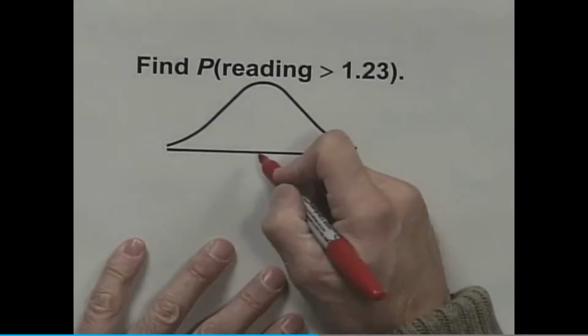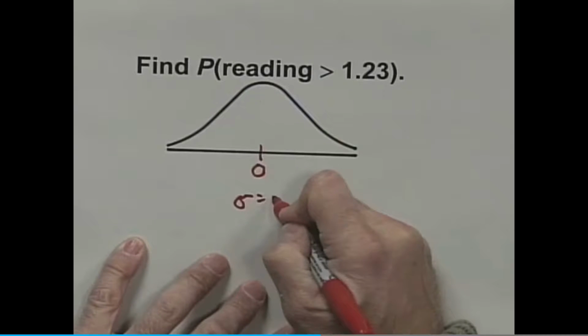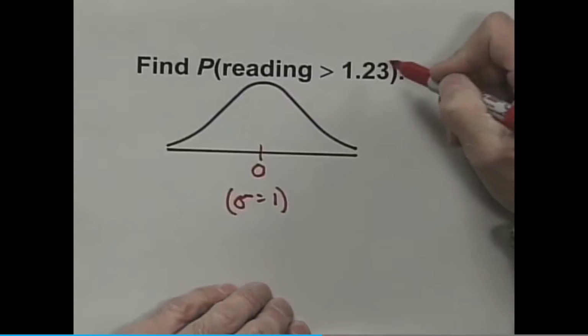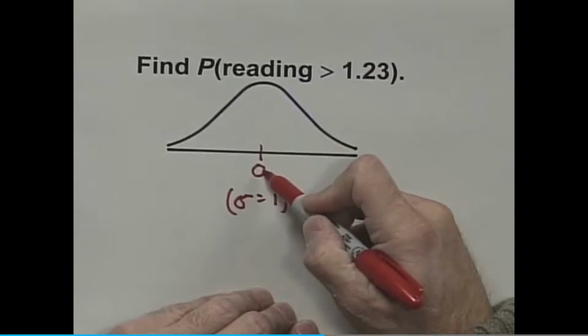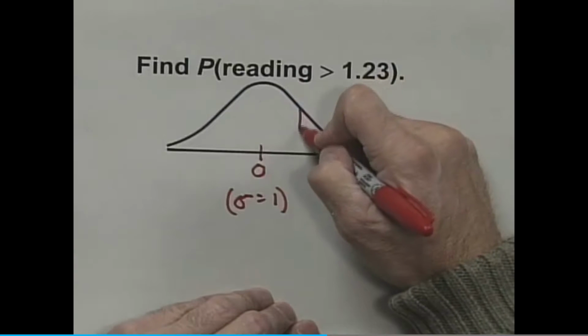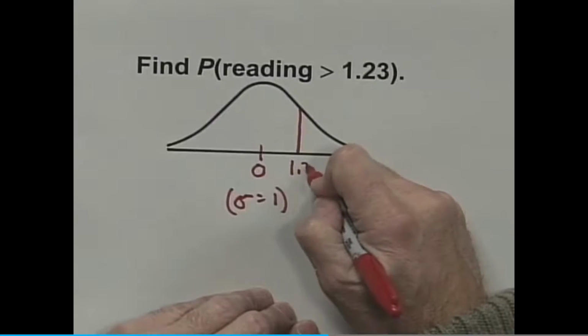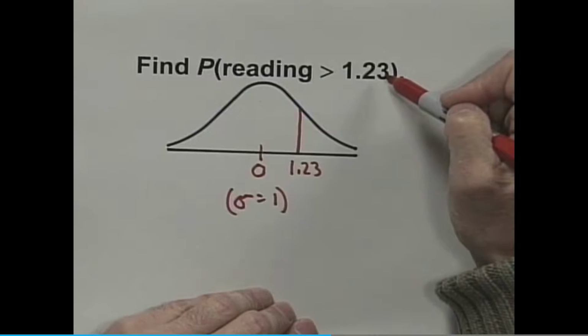Let's consider another one. Let's find the probability of a reading greater than 1.23. Again, we'll assume that the mean is 0 and that the standard deviation is 1. We're dealing with the scientific thermometers that have the normal distribution, the mean of 0, standard deviation of 1. This time, though, if I go over to 1.23, I want the probability of a reading greater than 1.23.